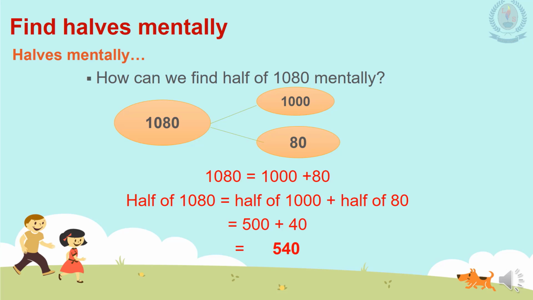Next, we have to find half of 1000 and half of 80. Finally, we have to add these two results. Let's look at the example. What's the half of 1000? It is 500. What's the half of 80? It is 40. By adding 500 plus 40, the answer becomes 540.